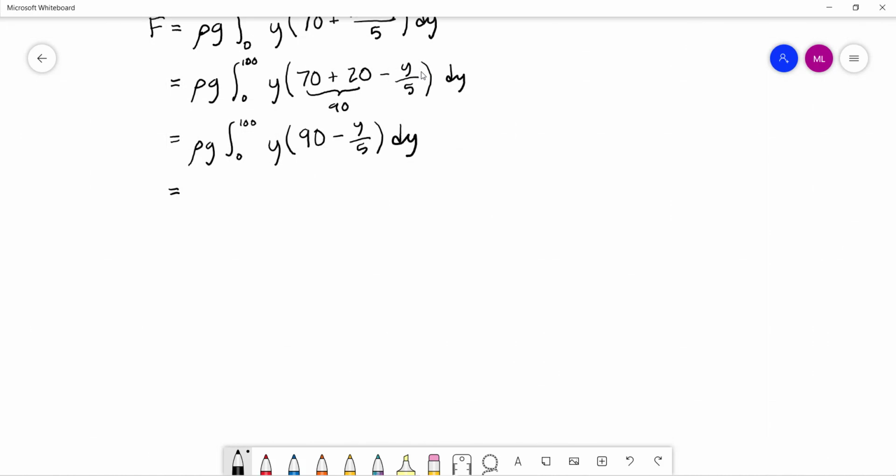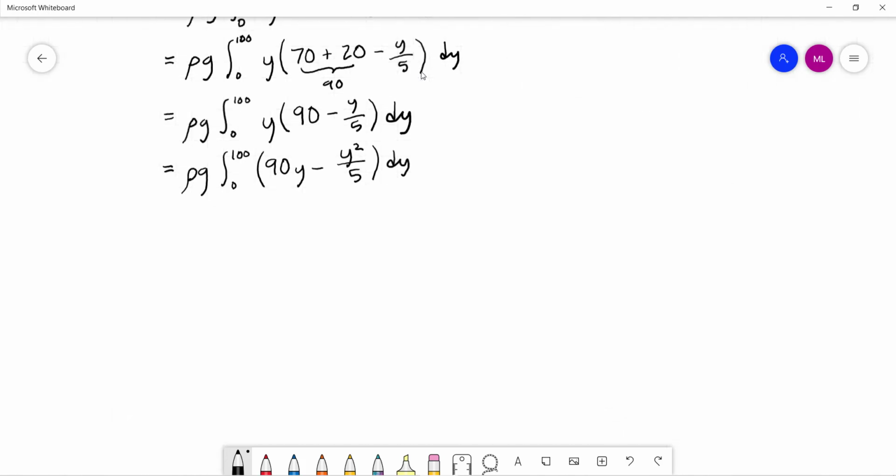And we can again distribute through. So we'll have rho g integral from 0 to 100 of 90y minus y squared over 5 dy. And we'll integrate that, and I'll get 90 y squared over 2 minus, we've got this 1/5 out in front, and that y squared will become a 1/3 y cubed.